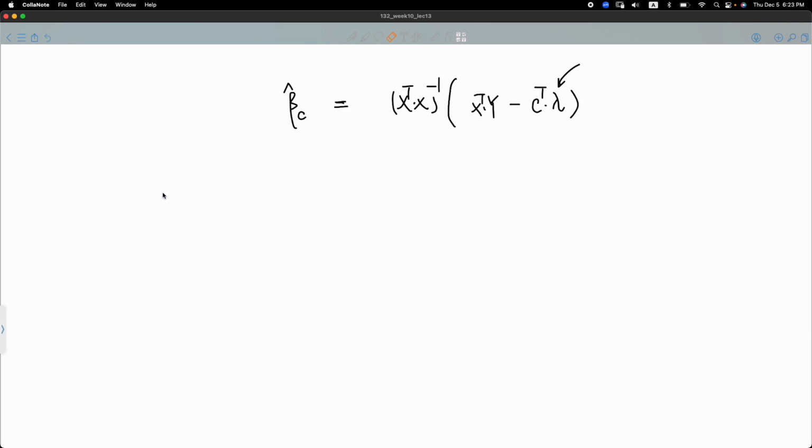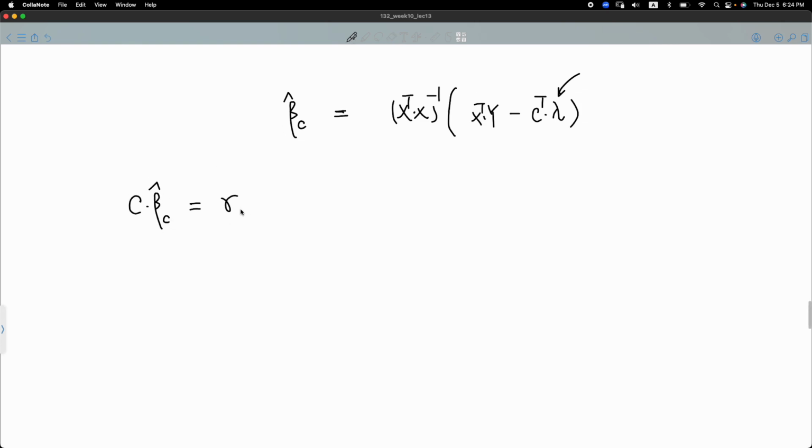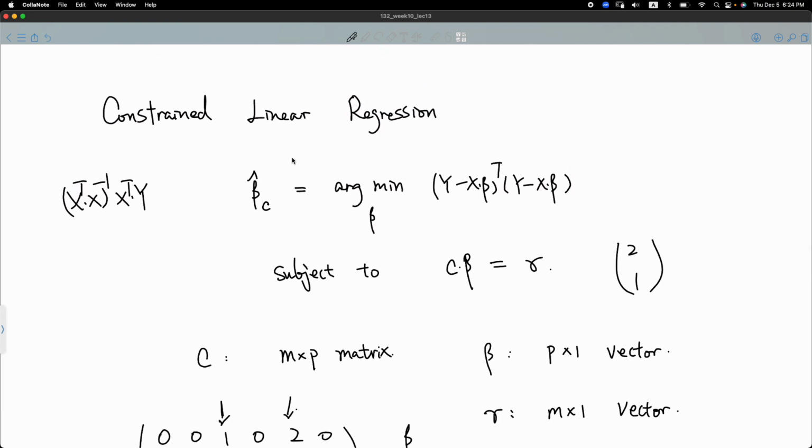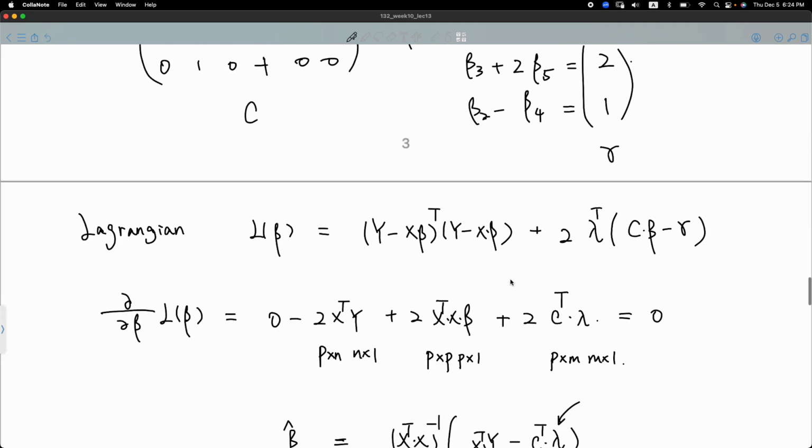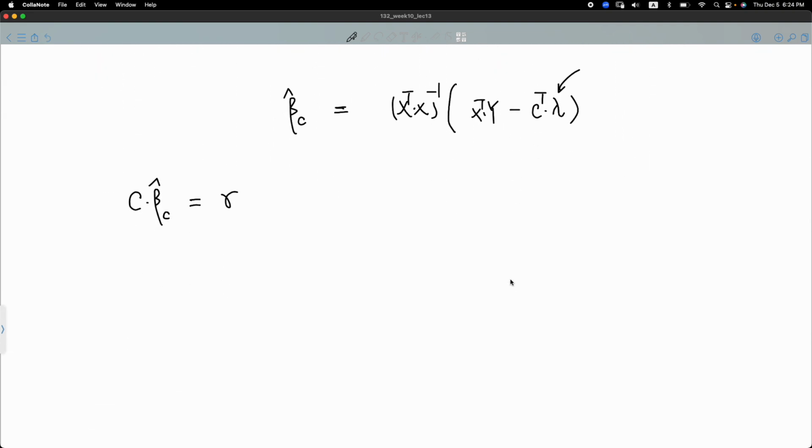One thing that we know is that C multiplied by this constraint estimator should equal the gamma, because this one has to satisfy the constraint, otherwise it is not a constraint estimator. Because we wanted to solve this beta c hat to satisfy this, we need to make sure that it satisfies that.